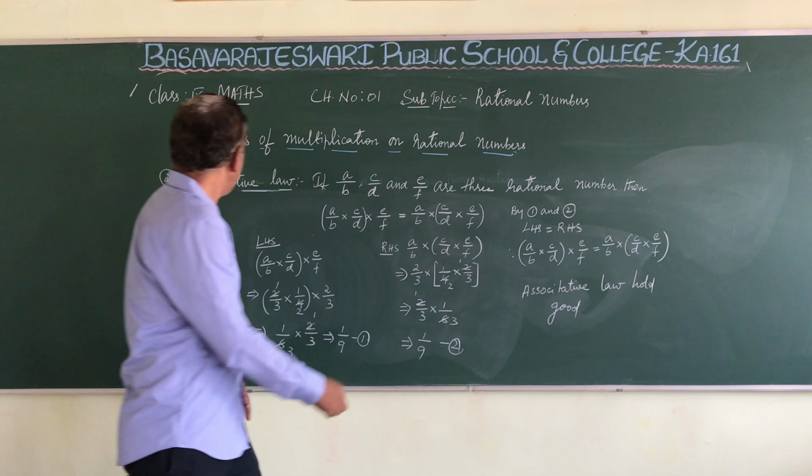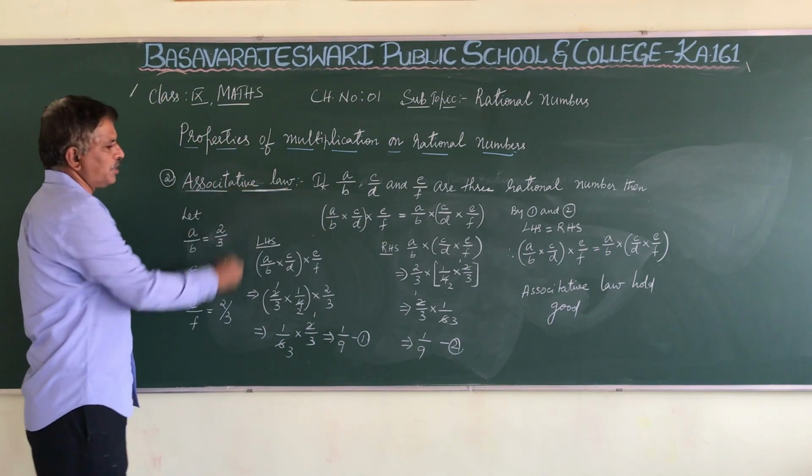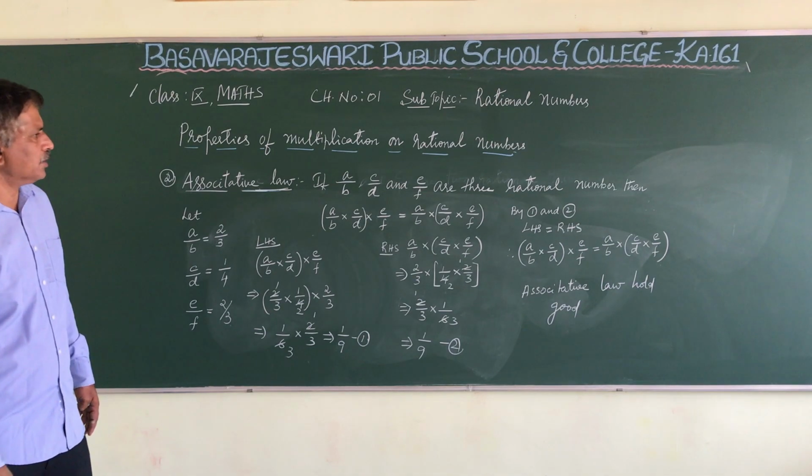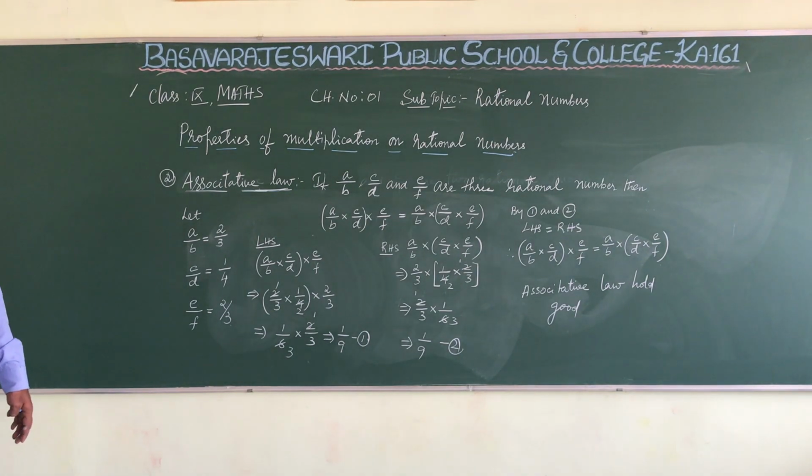So this is how we have to show that associative property holds good in the given example. Yes. Note down, this is the associative property of rational numbers on multiplication, or associative property of multiplication on rational number.